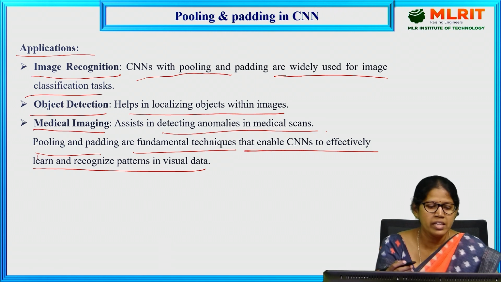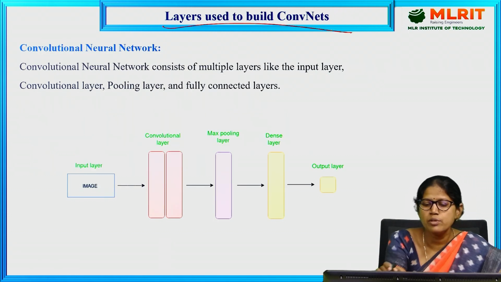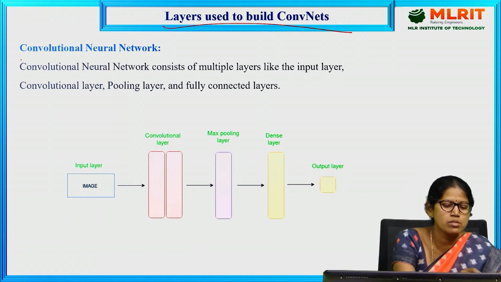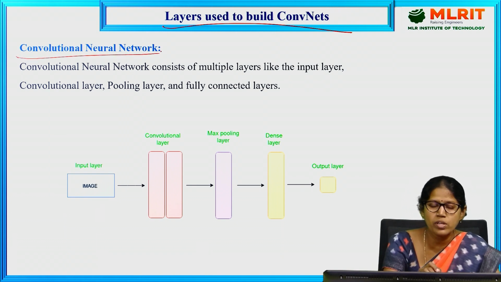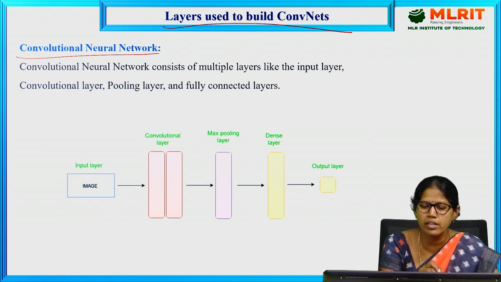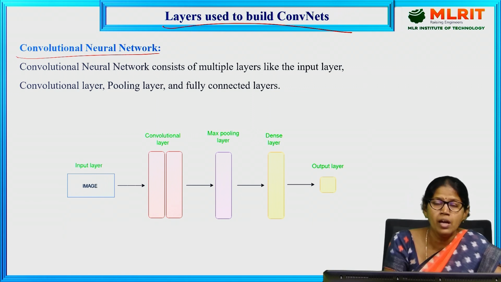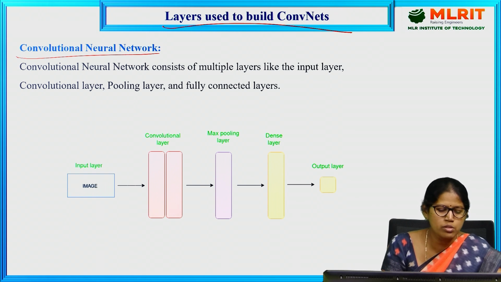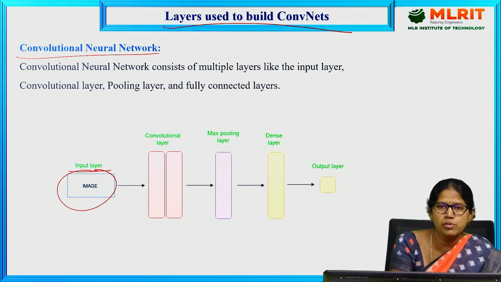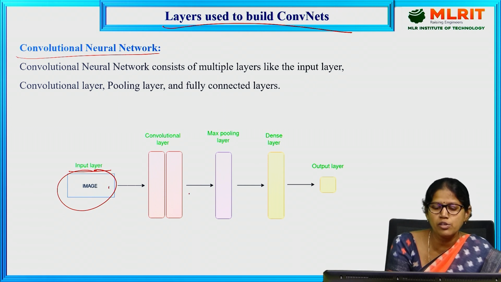Okay. Next, we'll see the layers used to build convnets, convolutional neural networks. In the previous sessions we have already seen the different types of layers. We'll see them once again, and how it is performed layer by layer. The first one is the input layer, the raw image that we give to the convolution layer.